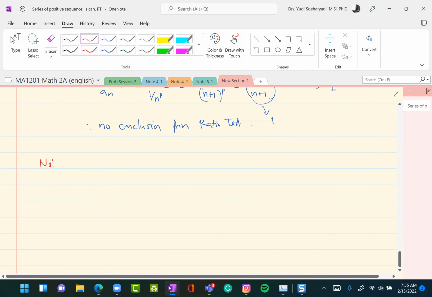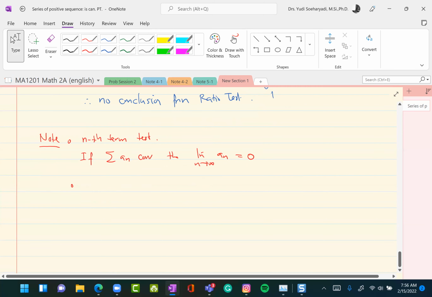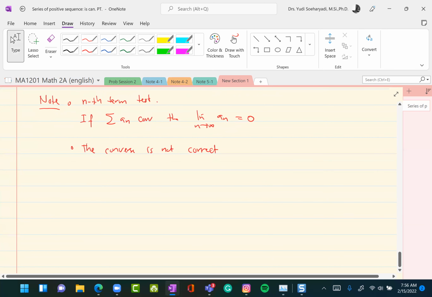It should be the nth term test, meaning that if a series converges, then the terms must go to 0. And the converse is not true.